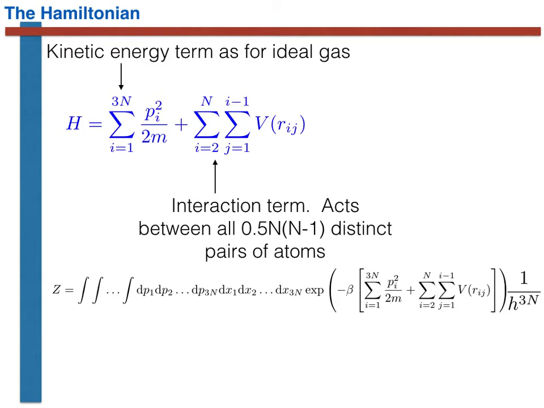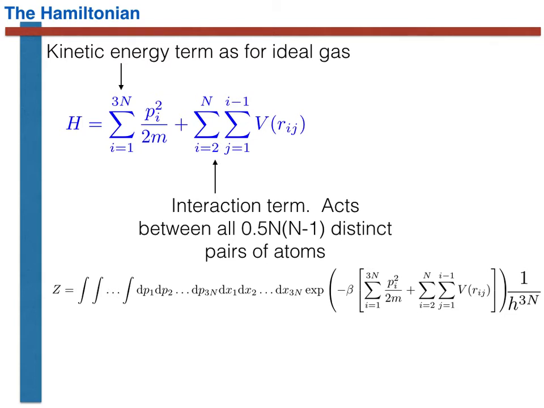Notice also in this expression that I have to divide by a factor of h to the 3n. As I discussed in my video on the ideal gas, this appears because whenever we do a double integral over a position and a momentum coordinate, we get a quantity in units of length times momentum out.